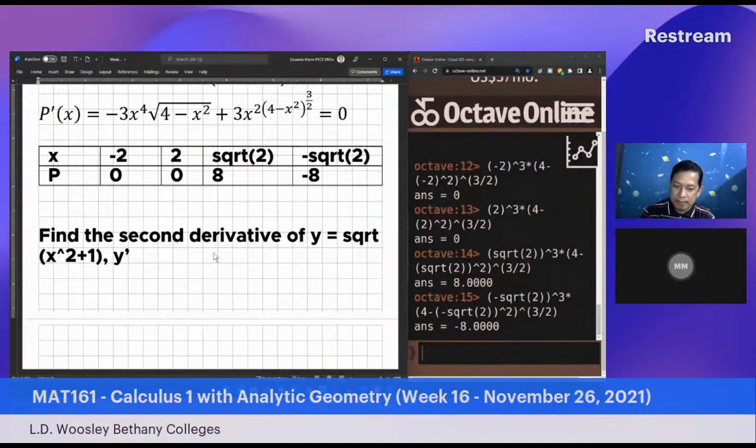2x. So, 2x. Ay, square root pala. Square root of x squared plus 1.